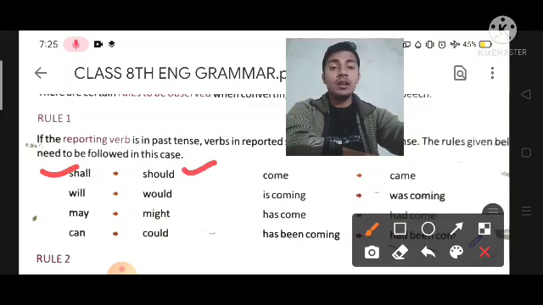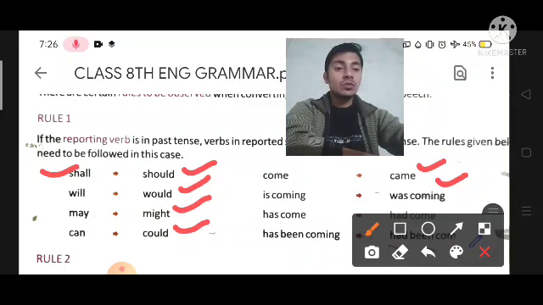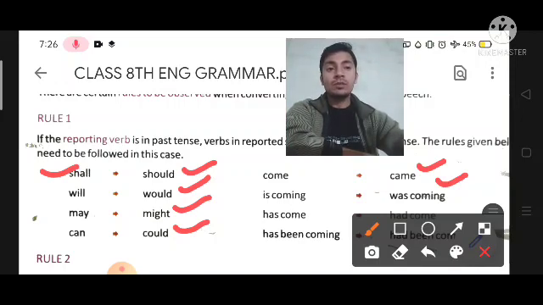In this way, will changes into would. Next, may changes into might. Next, can, could; come, came; is coming, was coming; has come, had come; has been come, had been come.